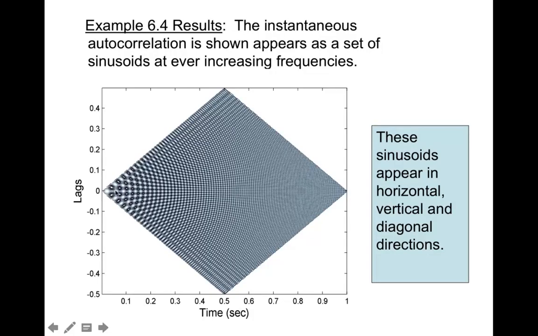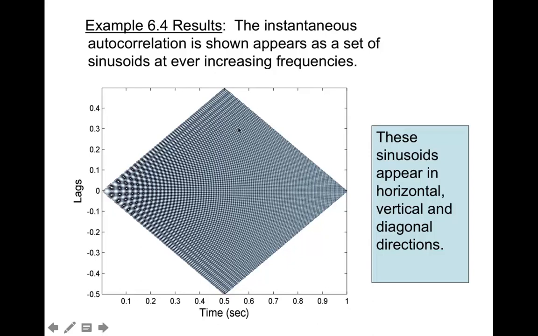So this is what that looks like, and you can see as we go along in time that the sinusoids get closer and closer together. You can see that as we go in lag, it's symmetrically distributed at a given time.